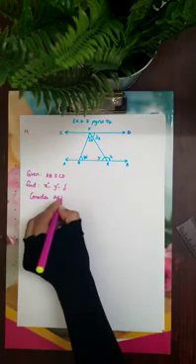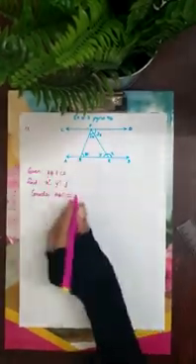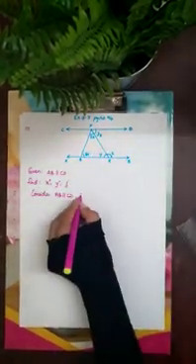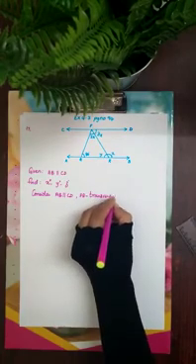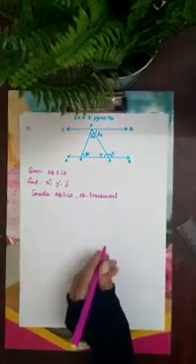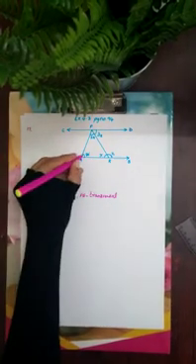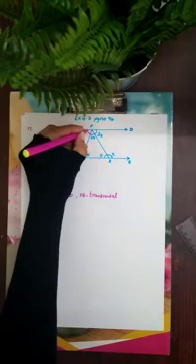Now, let us consider AB is parallel to CD and PQ is the transversal. I am considering that AB and CD are two parallel lines and PQ is my transversal. Now, when we say PQ is the transversal, we can say that if this is 80 degrees, this will also be 80 degrees.